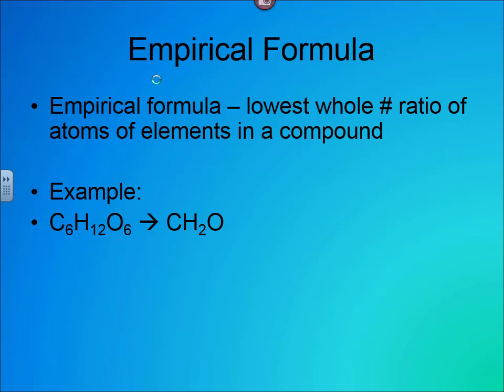So the lowest whole number ratio for that compound is 1 carbon to 2 hydrogens to 1 oxygen, 1 to 2 to 1, if you reduce the 6 and the 12s. The empirical formula would be the second version that you see there. So the formula that you would come up with based on lab data would be CH2O. We know that's not the exact right formula for glucose, but that's the lowest ratio of those atoms in the compound.